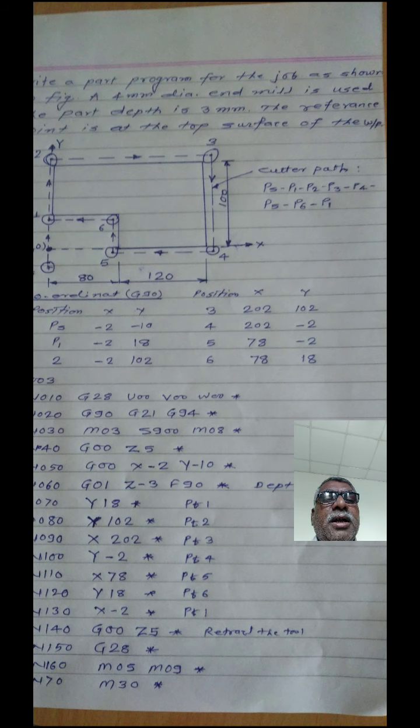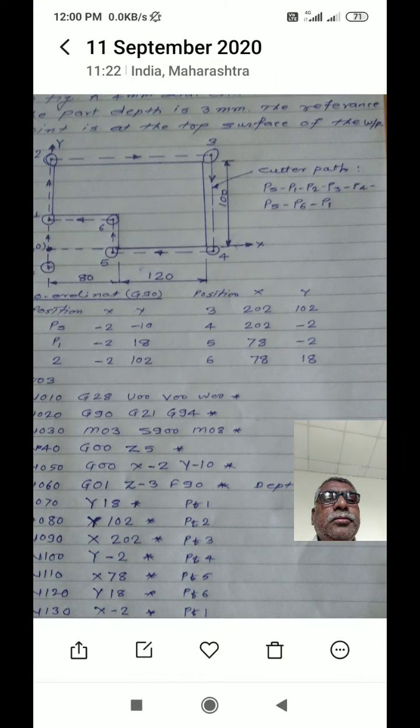The center point of the cutter is 2 millimeter from the corner. Is it okay? 80 minus 2, that is 78, is the x coordinate, and the y coordinate remains the same, that is minus 2.